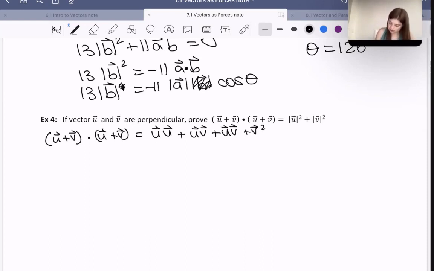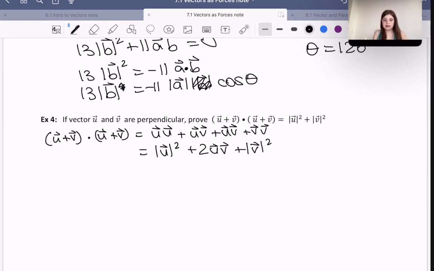Or sorry, I jumped the gun a little bit there. So that means we have the magnitude of u squared plus 2uv plus the magnitude of v squared, okay?